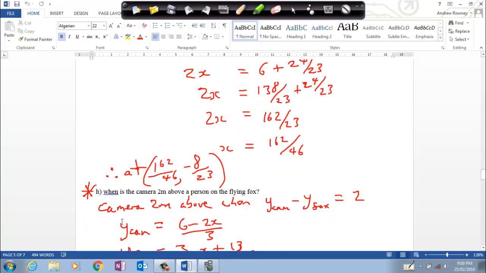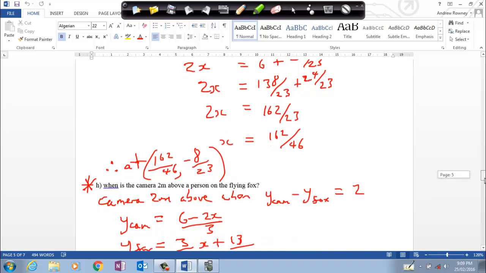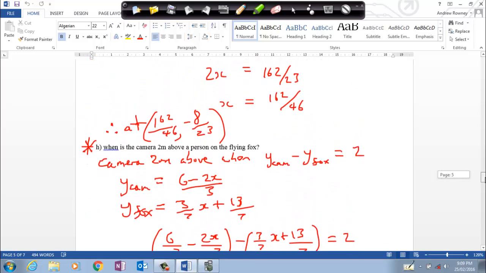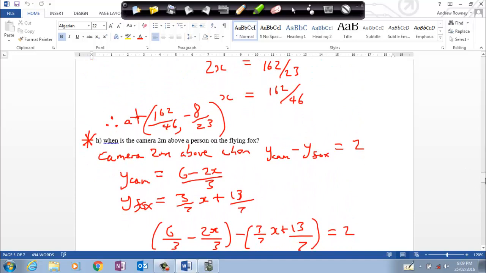The next one is, when is the camera 2 meters above a person on the flying fox? I'll asterisk this because it's a little bit harder, especially considering the amount of fractions that come in with this one. So the test won't be this hard. The camera will be 2 meters above when the difference between the y value of the camera and the y value of the flying fox is 2 meters.